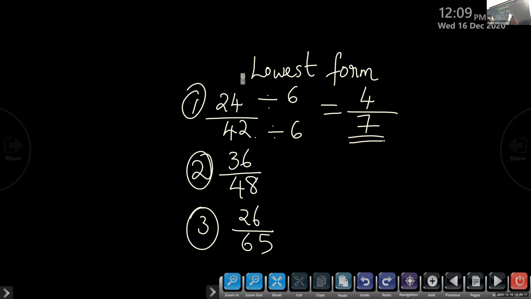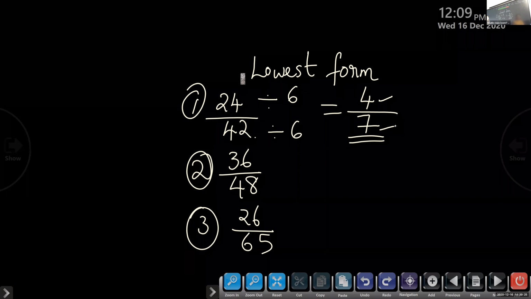Now children, please check whether the numerator and denominator are relatively prime. Relatively prime means the only common factor is 1. So 4 and 7 have no common factors, so it's correct. Okay.